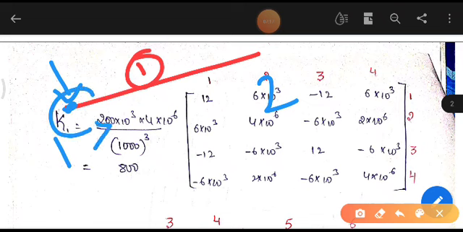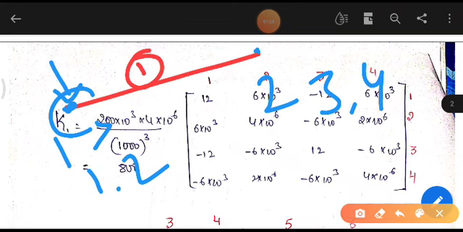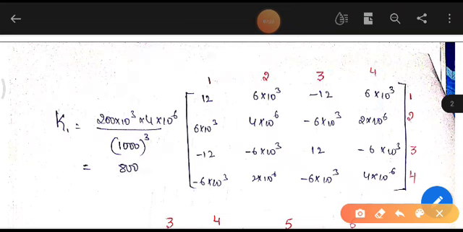So each node has 2 degrees of freedom, 1 and 2. Here also we have 2 degrees of freedom, so we can write 3 and 4. That is vertical displacement and angular displacement. That's what we have written, 1 2 3 4. These are nothing but the displacements, vertical as well as angular displacement. So we have a 4 by 4 matrix.